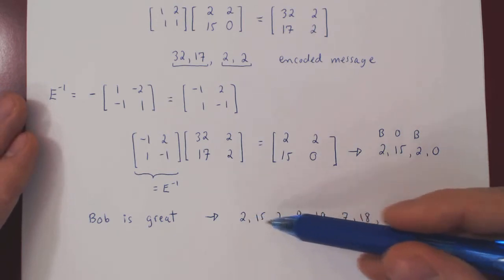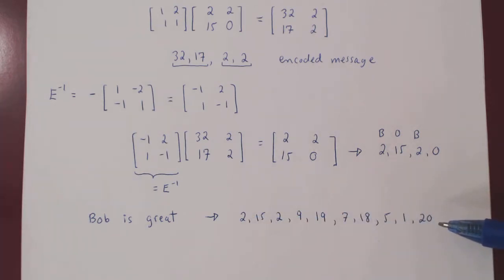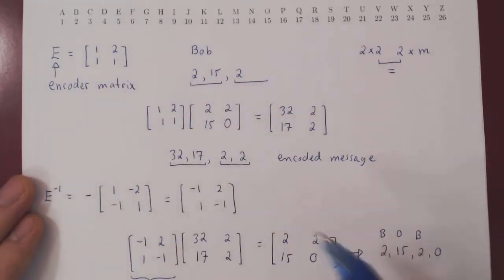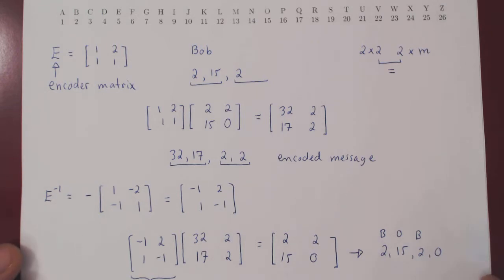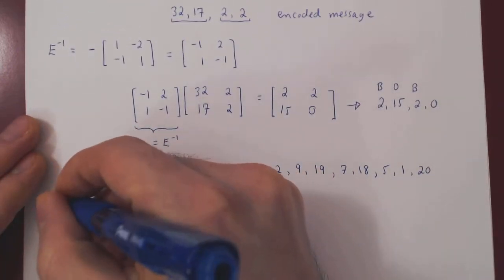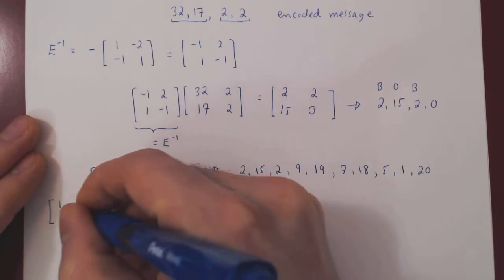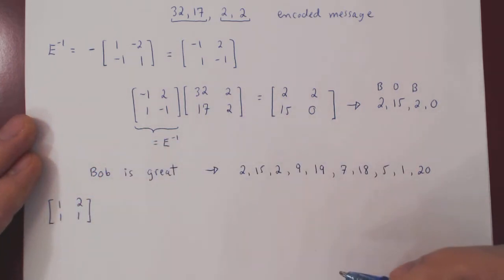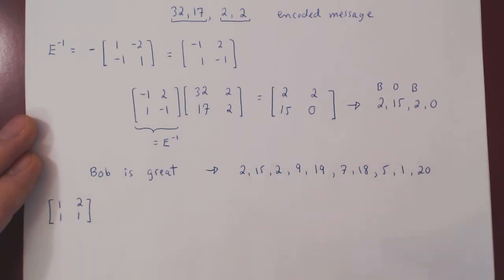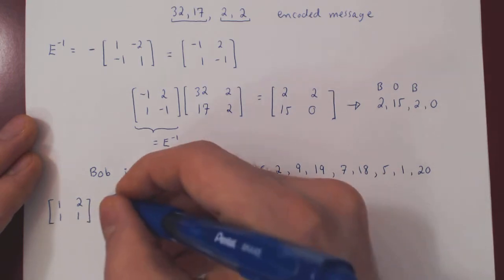But now we cannot send this message right away. We have to encode it. We have to make it look more random by transforming it, of course, using the encoder matrix. So 1, 2, 1, 1. And as before, since we have a 2 by 2 matrix, we have to convert our string of numbers into columns of our matrix.